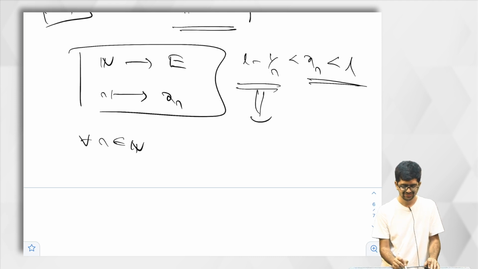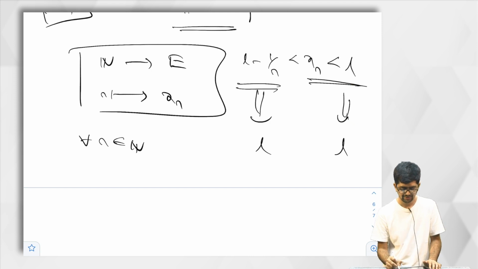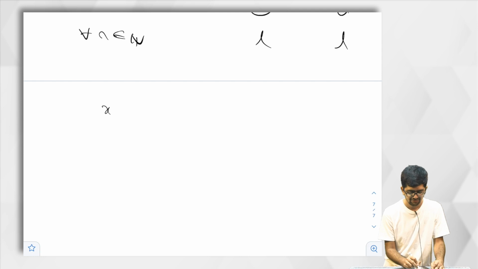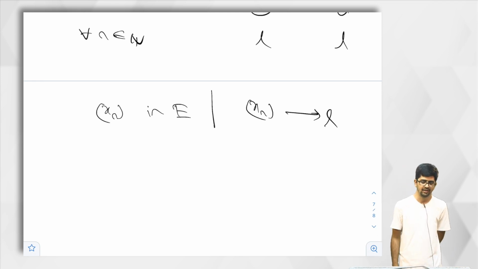The sequence L minus 1 by n converges to L, and this is a constant sequence, which converges to L, which implies that this sequence converges to L. So we got a sequence x_n in E such that x_n converges to L.